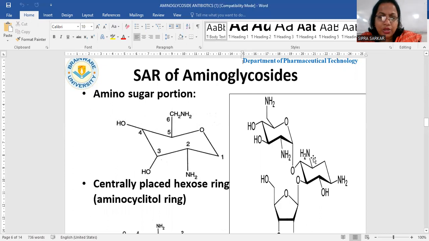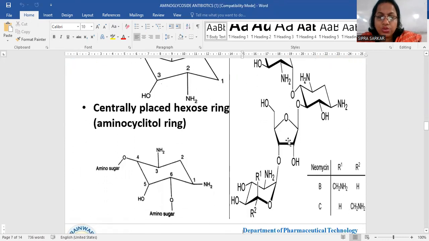These two amino sugars are present. Sugar means dextrose, and whenever they are attached with the amino group, they are known as amino sugars, and that is attached with the ribose. See the ribose. So three amino sugar moieties are attached with the ribose group.